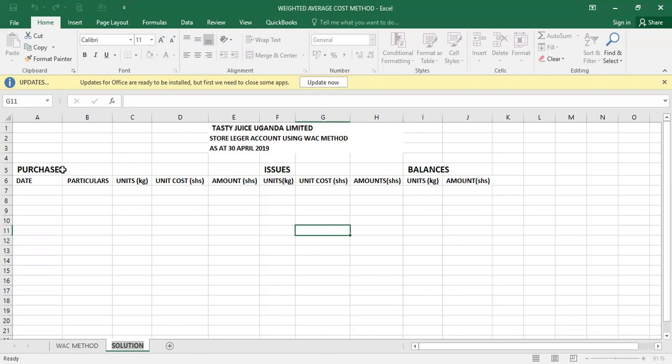We have the purchases, we have the issues, we have the balances. But here, for the balances, let me add something for the unit cost. I will explain why I'm adding this, because I want to explain something in detail there. But if you know what you are doing, even if you don't put it there, then we go for amount.